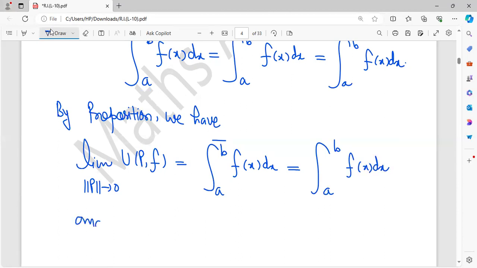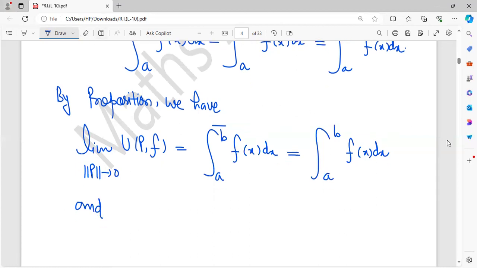And what is the limit of L(P, f) when the norm tends to 0?